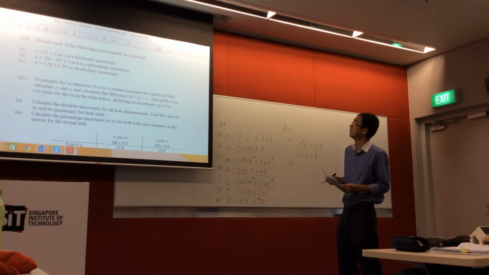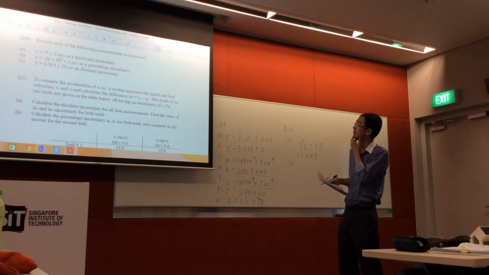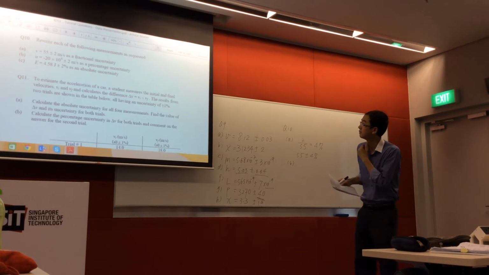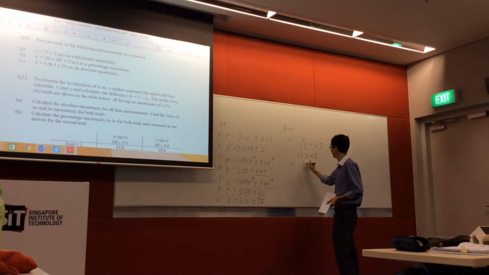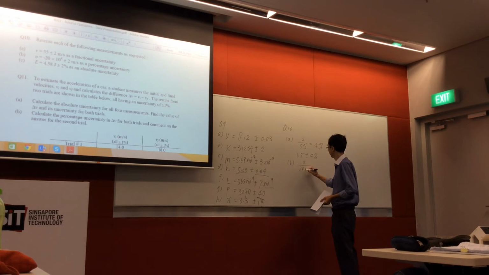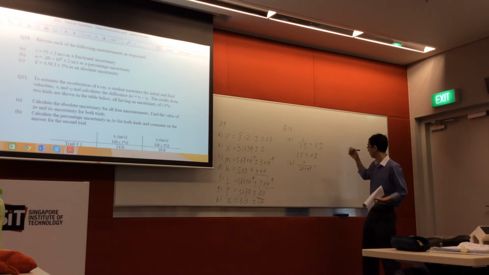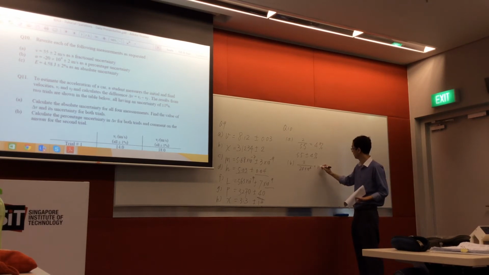Okay, so again here, the second one, what is the percentage uncertainty? So you need to use 2 divided by 20 times 10 to the power 4. Actually, it's 10 to the power minus 5.